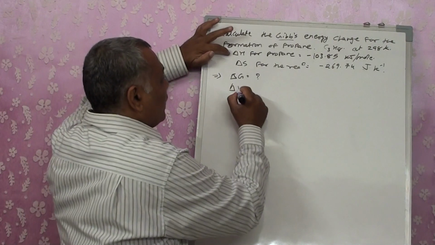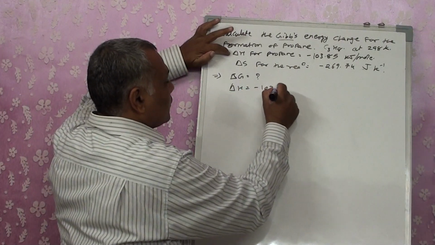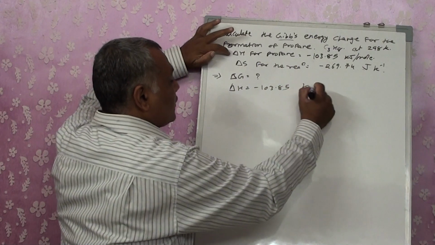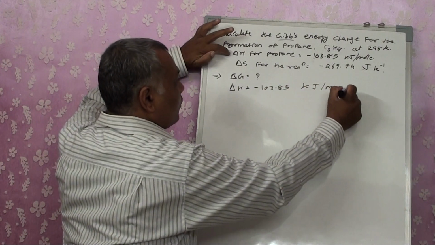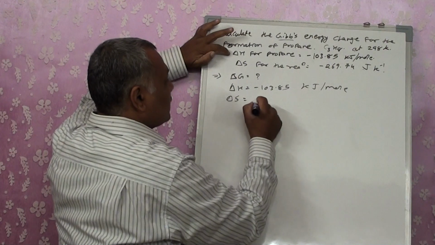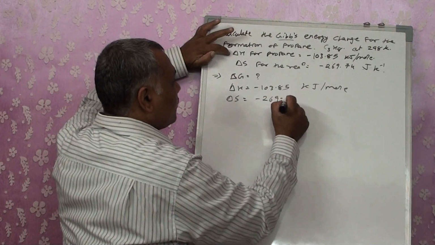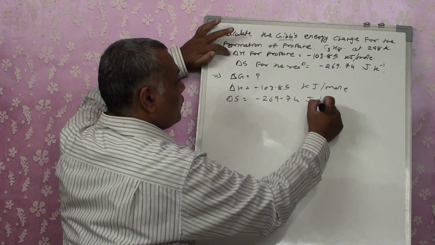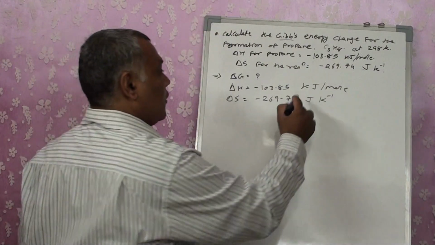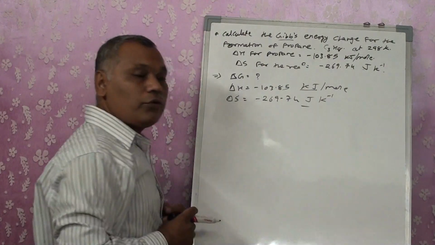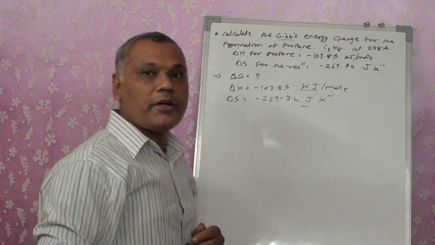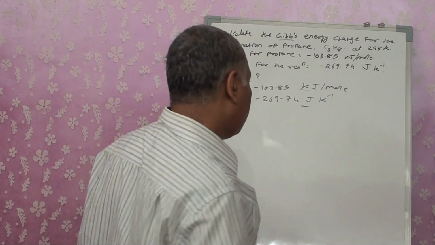Delta H for the propane is given to us in terms of kilojoule per mole, whereas delta S is given to us as minus 269.74 joule per Kelvin, right? So this is in kilojoule and this is in joule. So either of them has to be converted into the same unit.